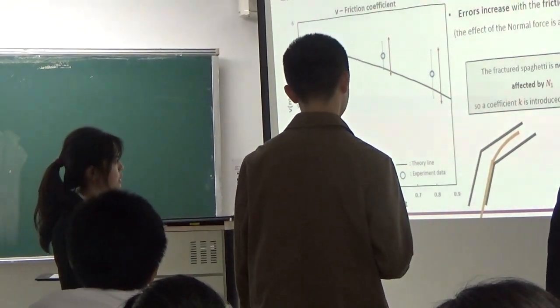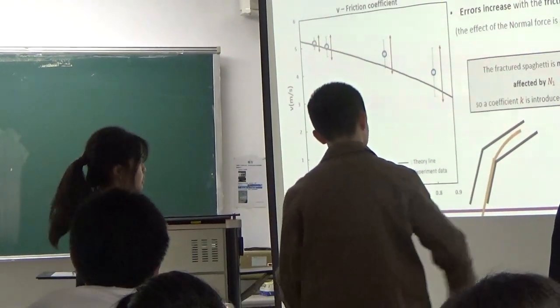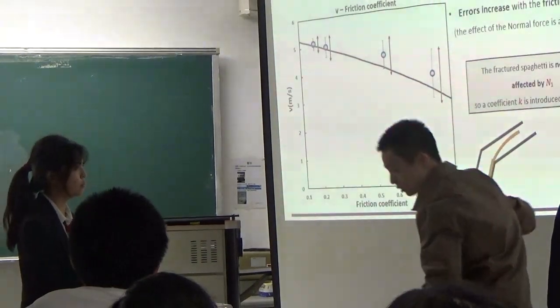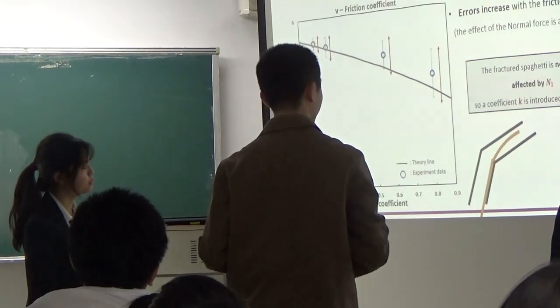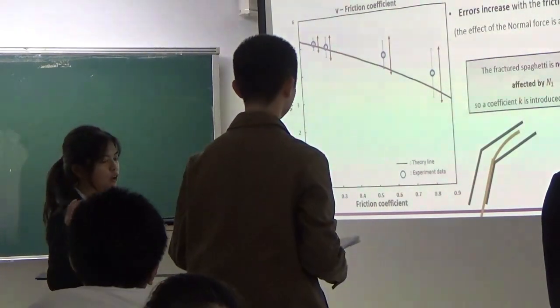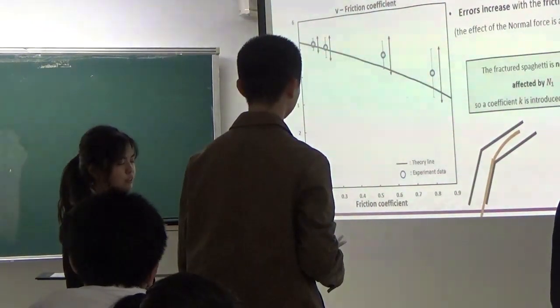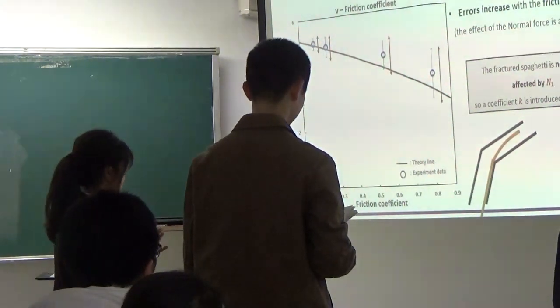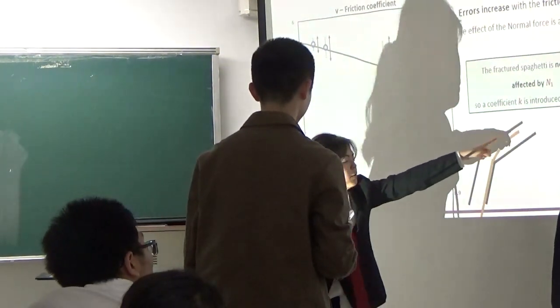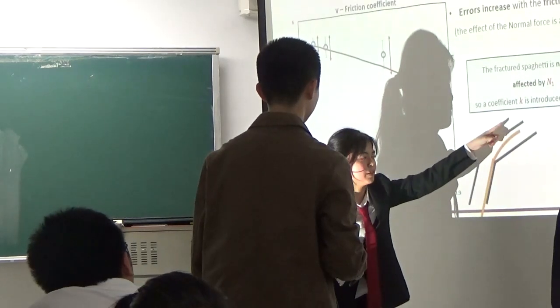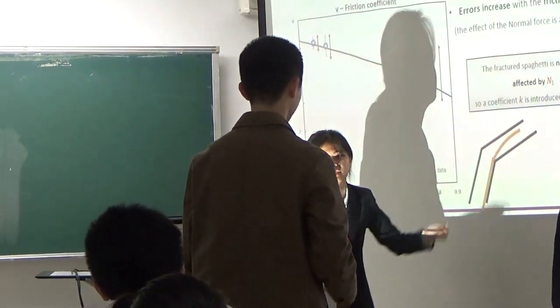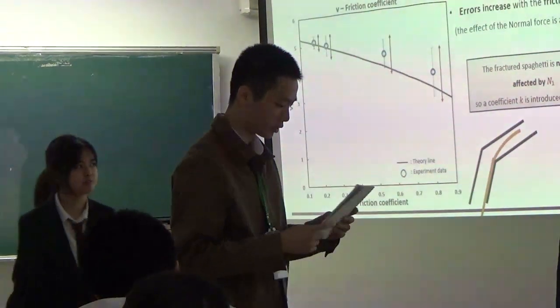Like, what do you mean? Radius is like this. Yeah, I know, but the friction coefficient is related to the theta when the spaghetti touches the bent tube. So I don't think the radius will be connected.